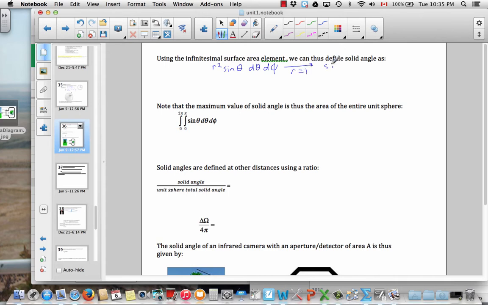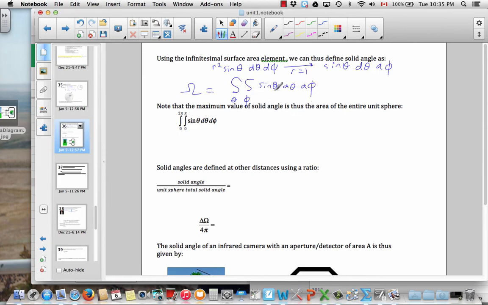So on the unit sphere, the little element of surface area is just sine theta d theta d phi. And so any solid angle then is just going to be adding up over theta and over phi limits this little bit of area.